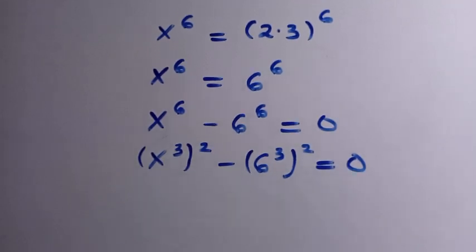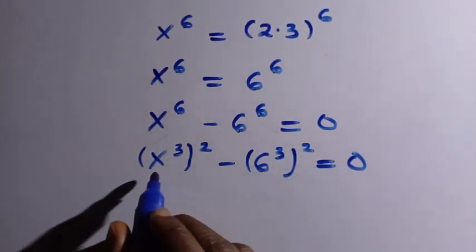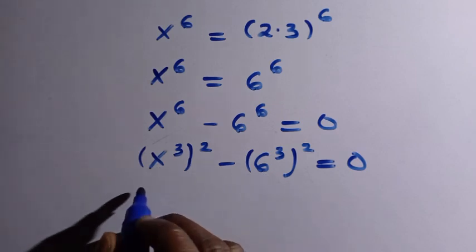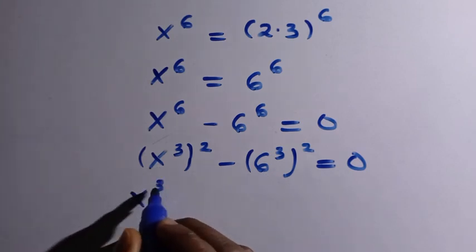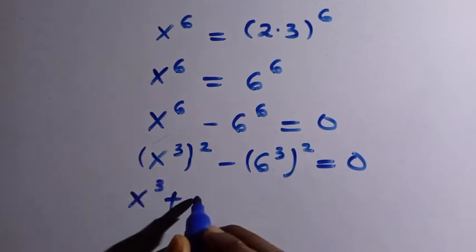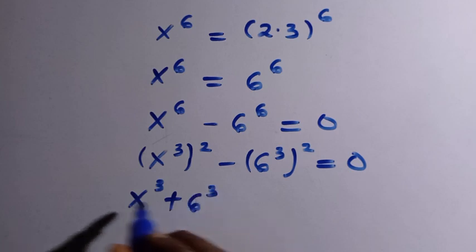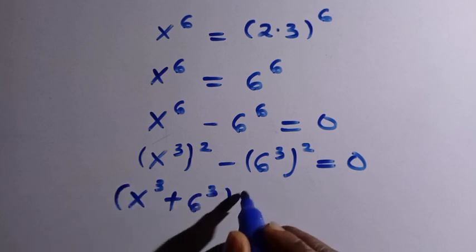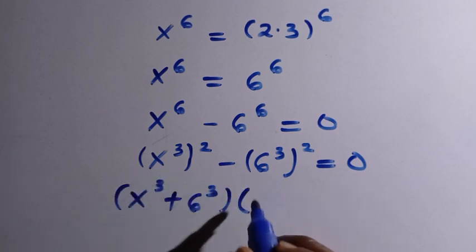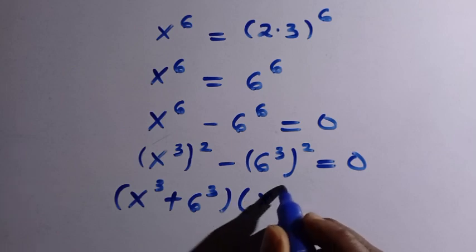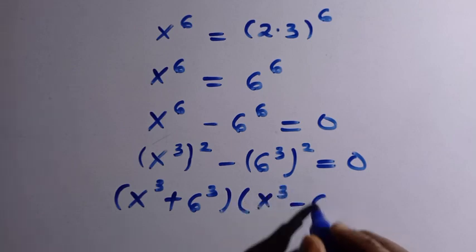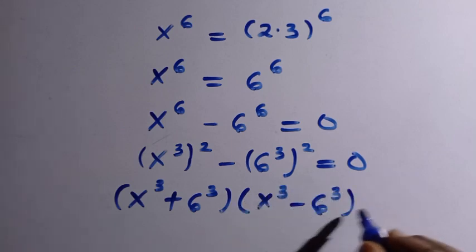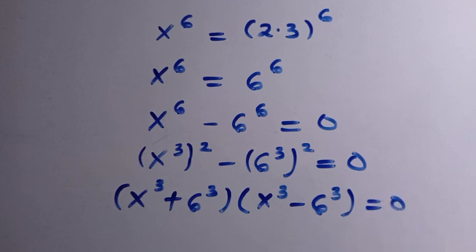Then this is a difference of two squares. So we apply the difference of two squares here. We take this and this together as positive, which is x^3 plus 6^3, and also we take this and this together with negative, that is x^3 minus 6^3, equals 0.